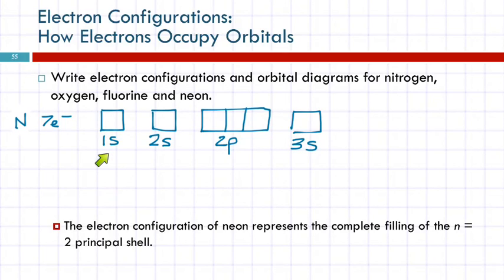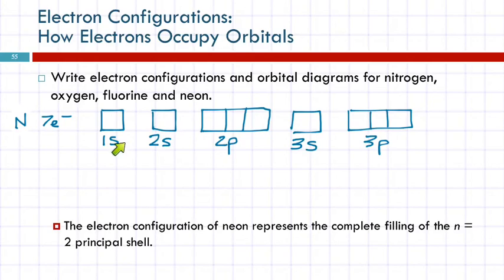The first level has 1 sublevel, subshell, the S. The second shell, 2, has 2 subshells, S and P. The third one has 3, S, P, and D. But after 3P, the order gets jumbled. But until then, we're okay. There's a D, and then the 4 would have S, P, D, and F, but the order gets mixed up.